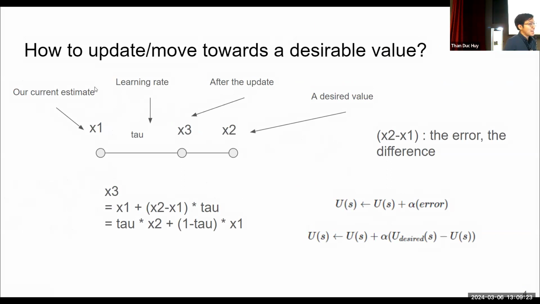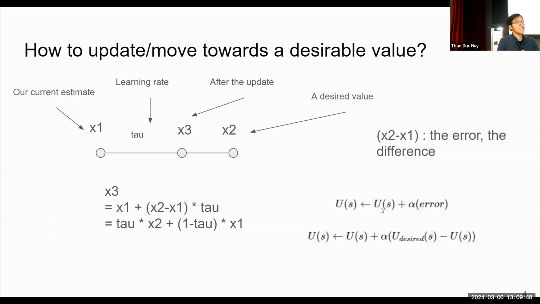If we have a current position at x1, we want to update towards a desired value, but there is a certain learning rate, a certain percentage, then we would land in x3. And this is the math, x3 equals this, but in programming we can write u equals u, which overrides, right? So it overrides.